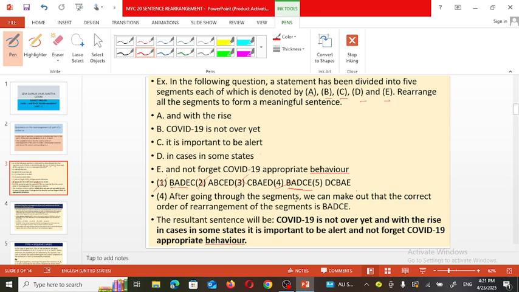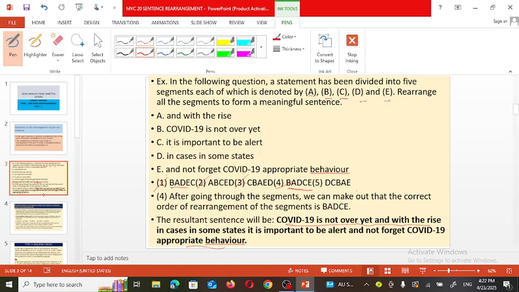After going through all the statements, we can make out that the correct order of rearrangement is like this: B, A, D, C, E. And as a result, we get the sentence: COVID-19 is not yet over, and with the rise in cases in some state, it is important to be alert and not forget COVID-19 appropriate behavior.